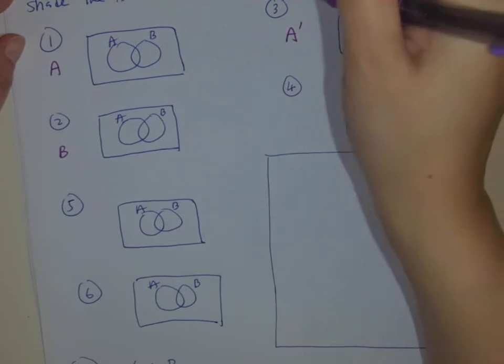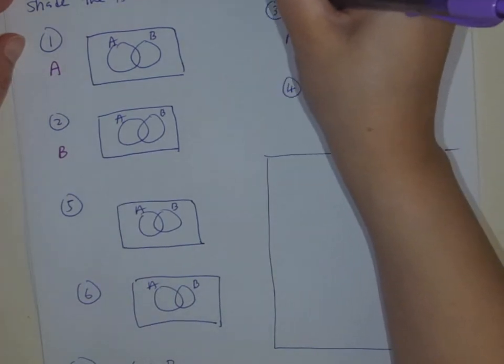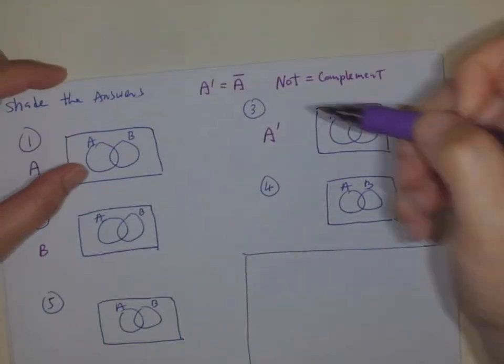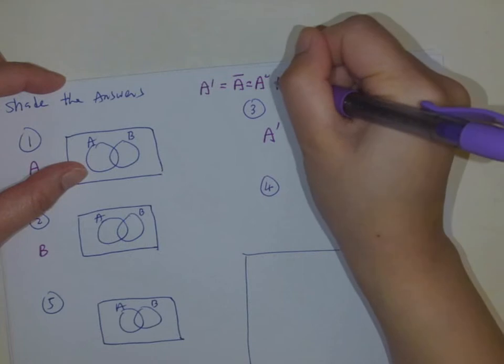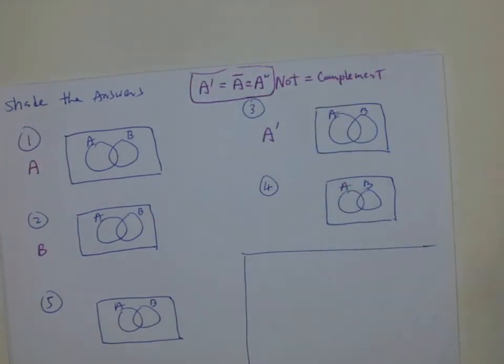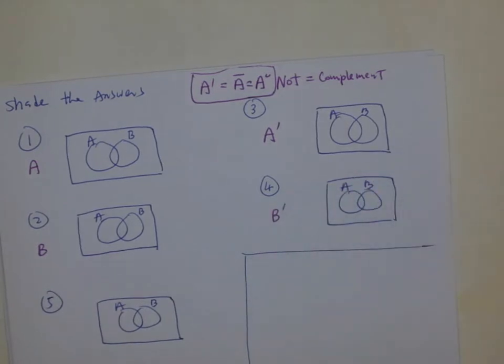We can do A comma, or put a bar on top of it, or some of the books will say A with a C here, meaning the complement of A. So basically what they do is they compare A with the universal set, and things in the universal set but not in A will be part of my answer. And then we also need to know what is not B.